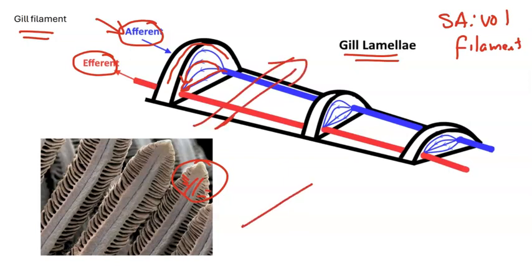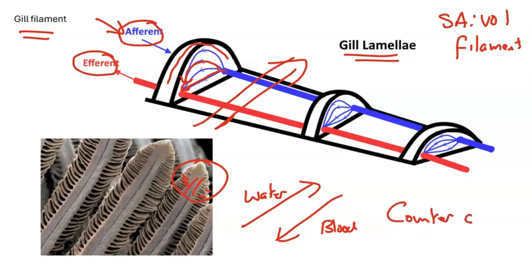So where we have water flowing this way, we have blood flowing this way, and this is called a countercurrent exchange. These gill lamellae, of course, are significantly adding to the surface area to volume ratio of the gas exchange surface of the gill.